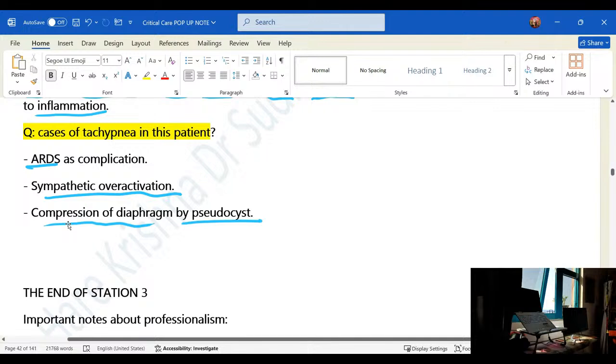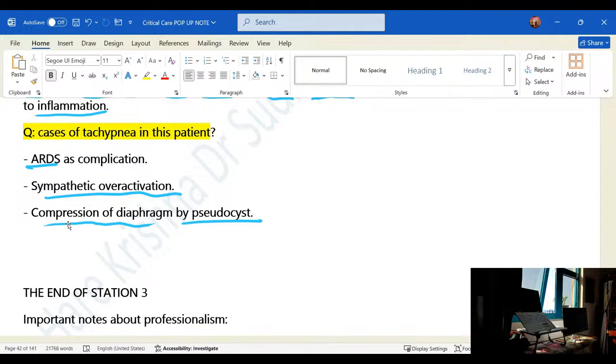To meet his oxygen demand, he has to take repeated or more breaths, like in hypovolemia the heart beats more to meet the demand.